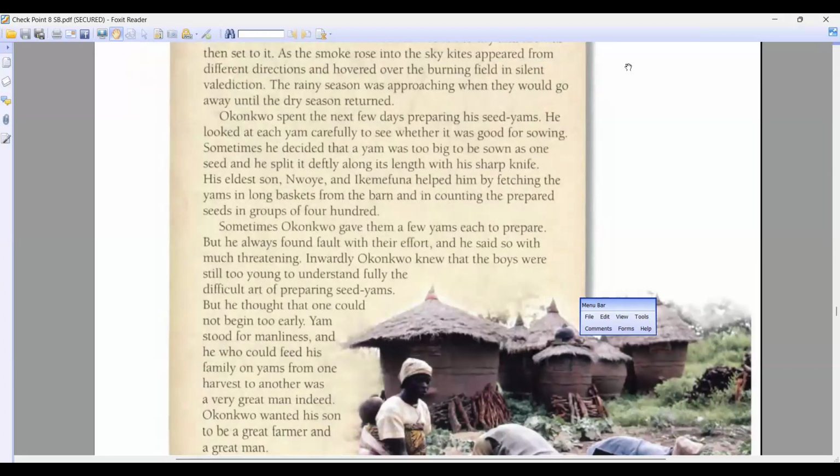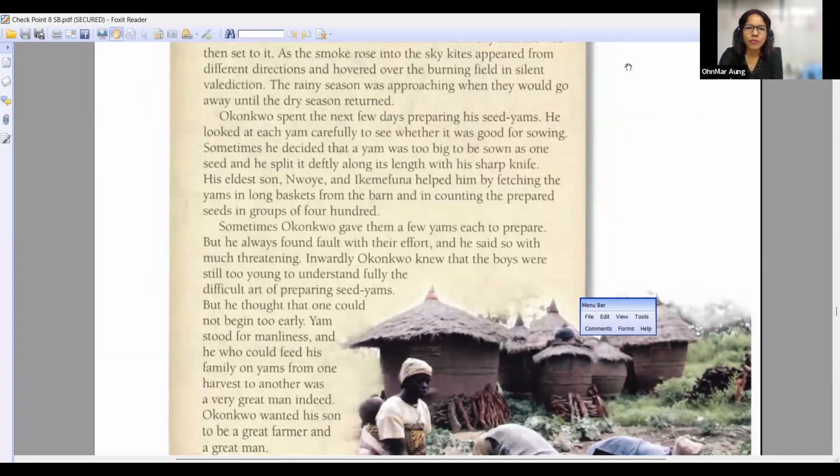He only found fault with their effort. Yes, third paragraph, right? Sometimes Okonkwo gave them a few yams. Look at that paragraph. In that paragraph, second line, he always found fault with their effort. So according to this, he was not impressed. Okay, number 3.